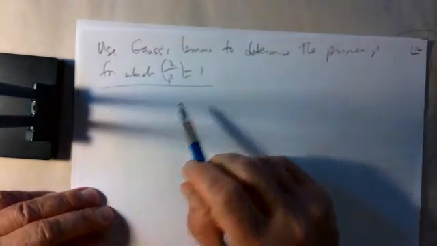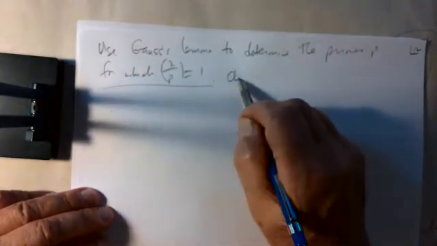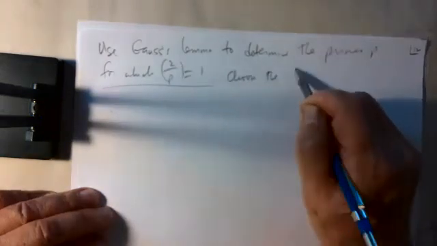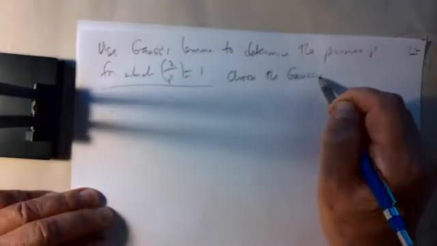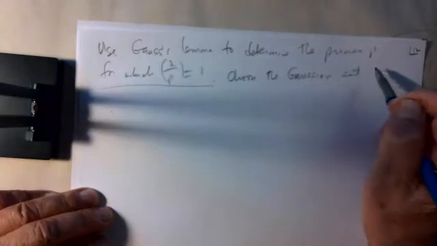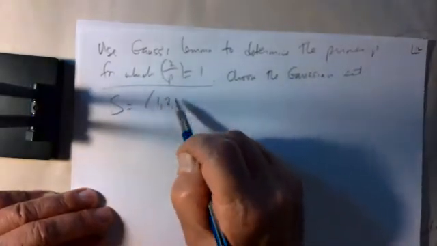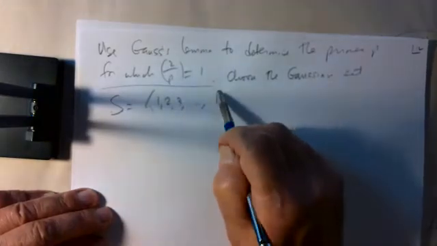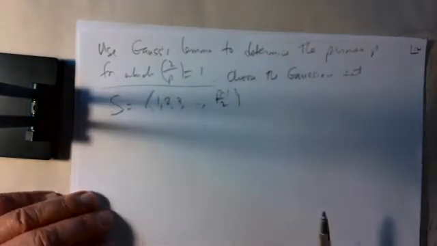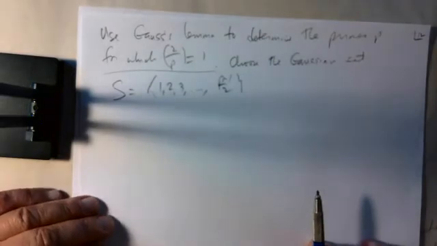Okay, so we take an odd prime P, and choose the Gaussian set S to be just the first (P minus 1)/2 integers.